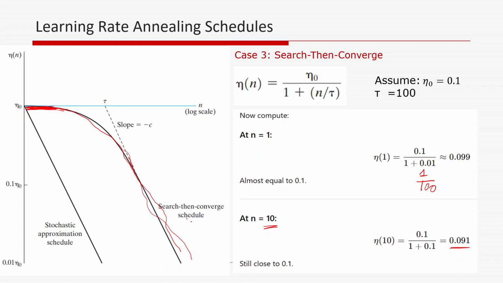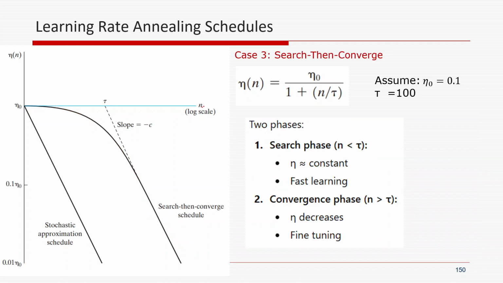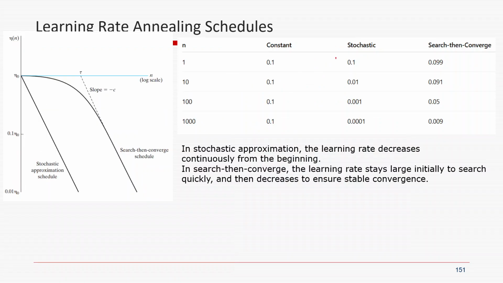You can observe in this table, this is search then converge, with n of 1, 10, 100 and 1000. Initially it is 0.09, after that 0.09. That is, the change is very small, but over a period the change becomes large and then becomes small again. When you observe 0.05, it goes to 0.009.